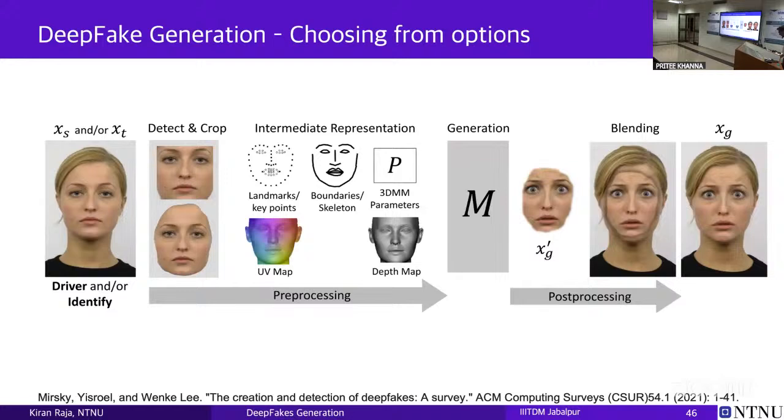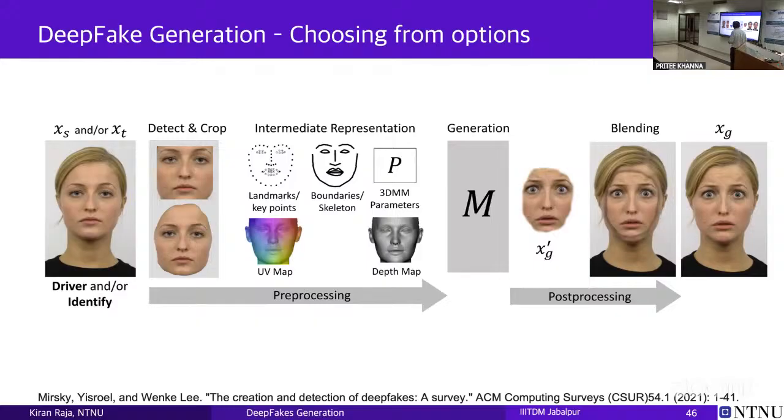Now, if I have such an option, what I can do is put all of these things together, right? I have the ability to deal with the depth. I can capture the depth information. I can also capture the lighting information using the UV map or the depth map. And if you start putting all of them together, you have a much better pipeline where you can create such nice images.